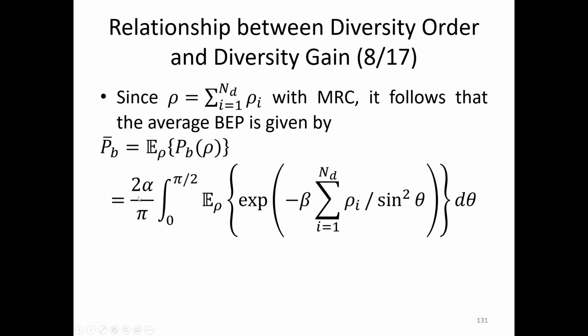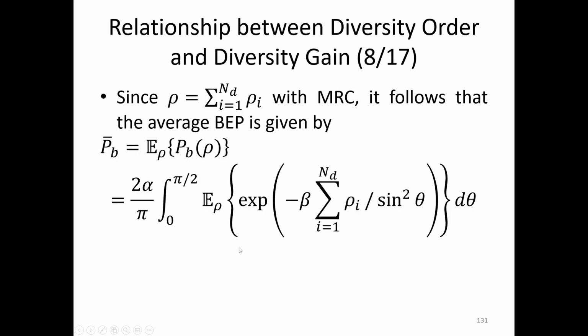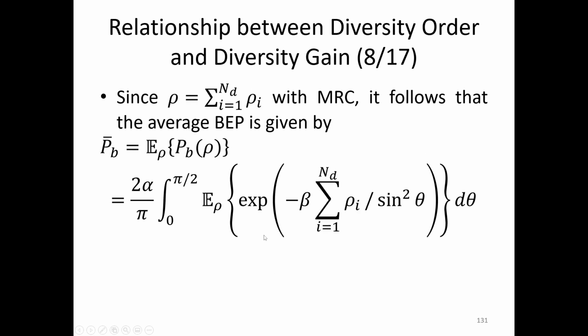And we move the expectation inside of the integration. So we have 2 alpha over pi, which comes from this term, and the integration from 0 to pi over 2, which comes from this. And the expectation of this term.